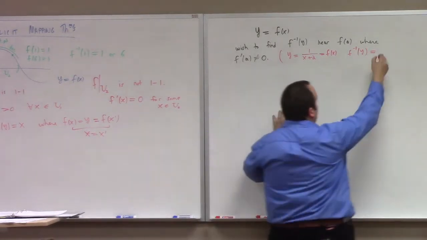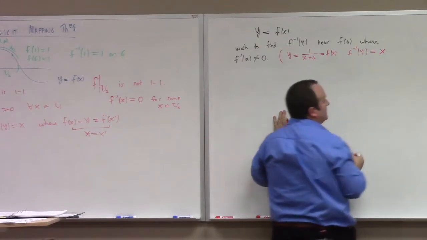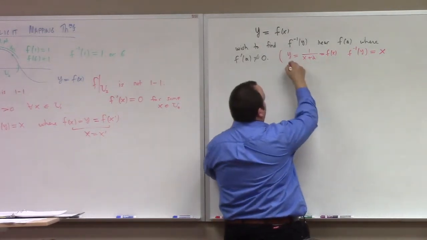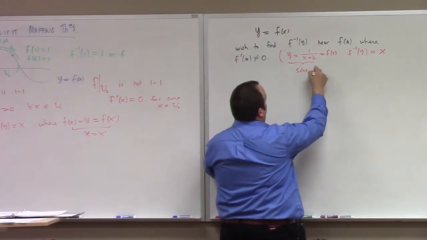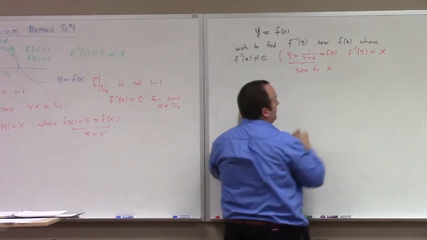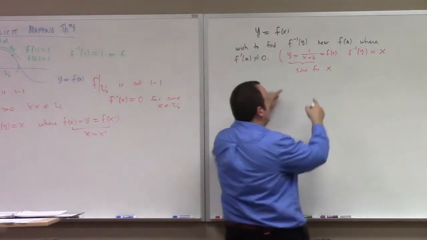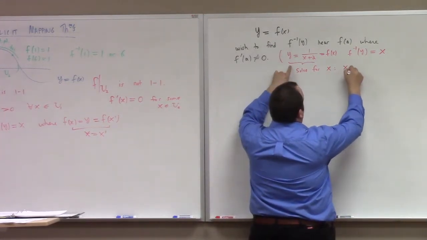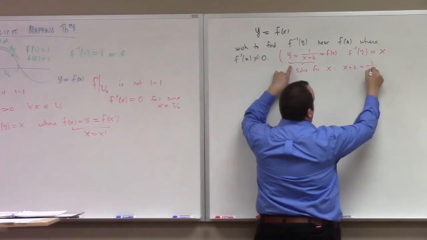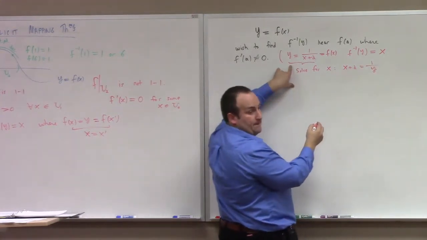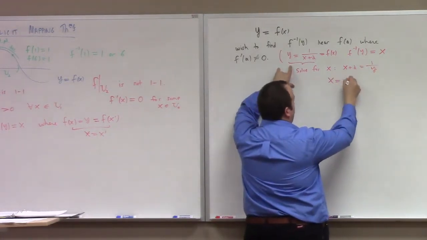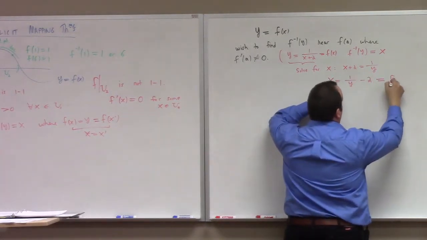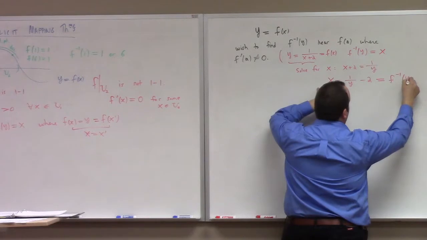It's actually equal to x, where we're saying solve this for x, right? Solve this for x, what do we get? x plus 2 is 1 over y, right? Yeah, x is equal to 1 over y minus 2. Lo and behold, that is the inverse function.